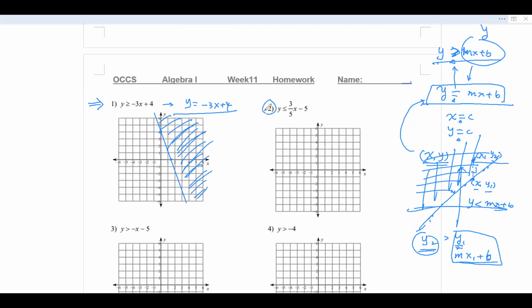Let's see number 2. So actually it describes this shadow area, not this right part, this part. You can just check it by picking a number, something like here, you pick 40 or 50, right? When you put 5 inside, what's the right part? Negative 15 plus 4 is negative 11. Y is 0, greater than or equal to negative 11.